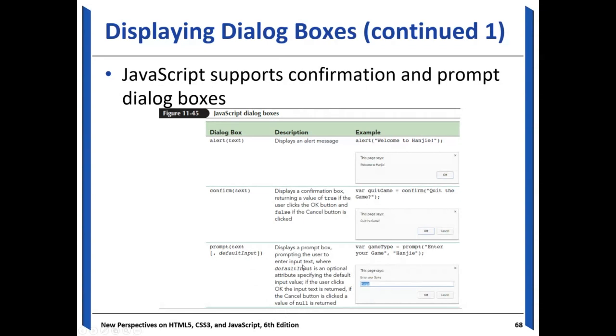You can also display a prompt box that prompts the user to input text. As we see in the example here, the variable game type is set to prompt, enter your game, and then Hanji.